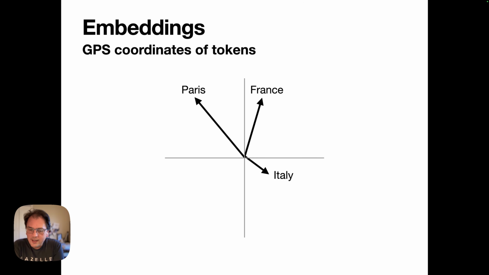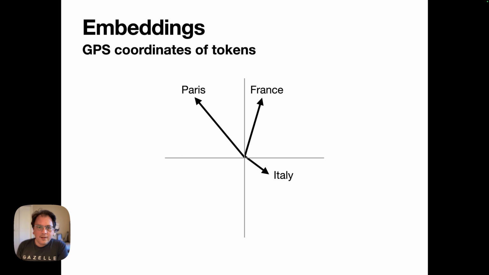Each of these tokens has a vector. In reality, this vector will have a few hundred or a few thousand dimensions, which is hard to imagine for an average human being, so we're going to simplify it in a 2D plane here.